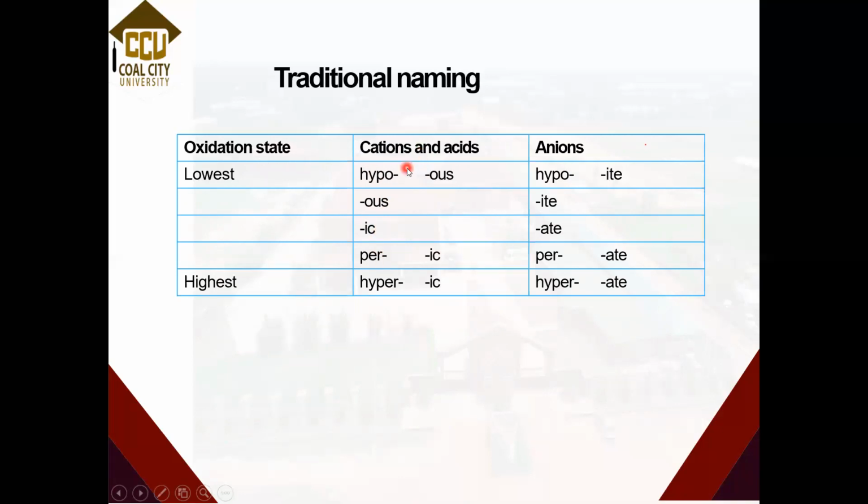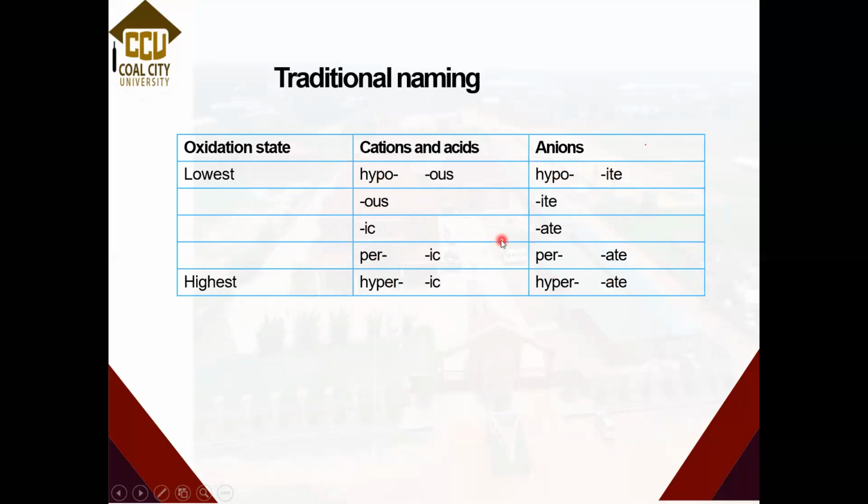For example, with chlorine: this is hypochlorous, this is chlorous, this is chloric, this is perchloric, and this is hyperchloric. But if it was a negative ion, not a positive one, I'd have hypochlorite, chlorite, chlorate, perchlorate, and hyperchlorate.